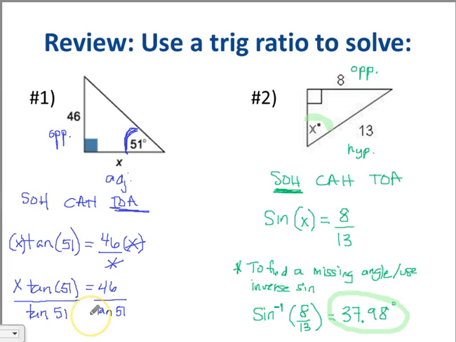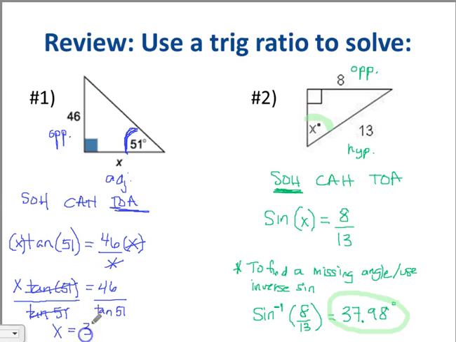What we're doing now is typing in our calculators 46 divided by tangent 51. On the right side, the tangents cancel out and we're left with just what x equals. X equals 46 divided by tangent 51.